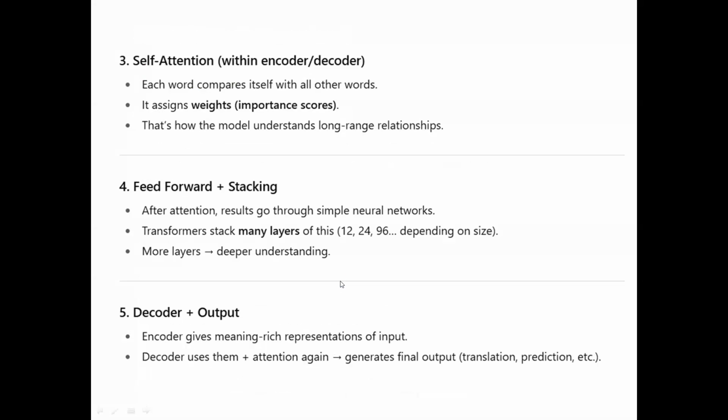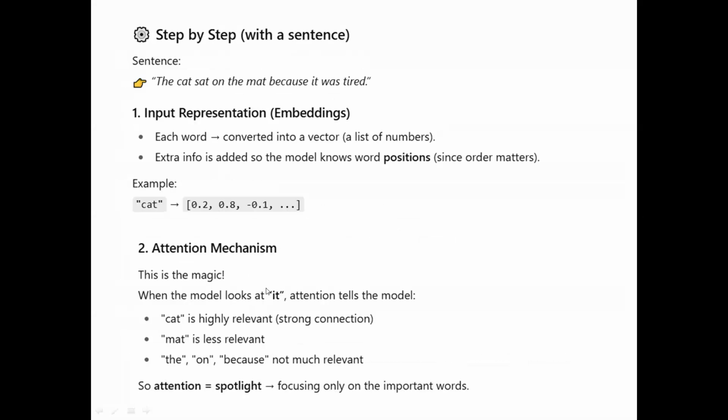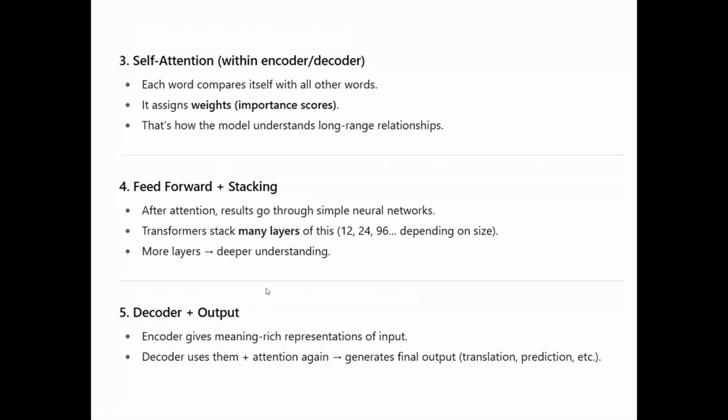And third, self attention, feed forward. These blocks are used, and finally decoder plus output. The output will be generated in association with the decoder, but in between decoding and input embeddings, the attention mechanism will make use of self attention, feed forward and stacking.